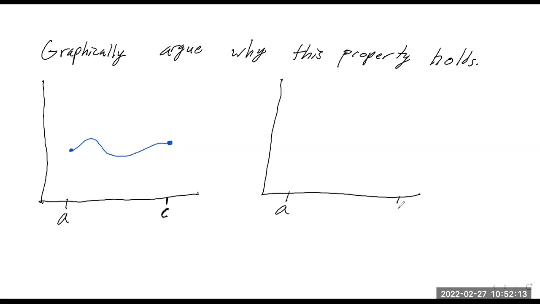Or we can have that it's discontinuous, but for only finitely many jumps. And in this instance, I just gave it one jump. Now what we're going to do is we're going to take some point b in between a and c.